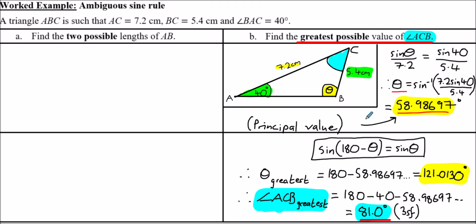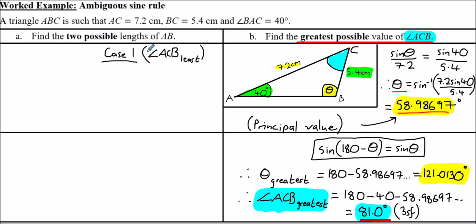I'm going to call case 1 the case where ACB is at its least value.